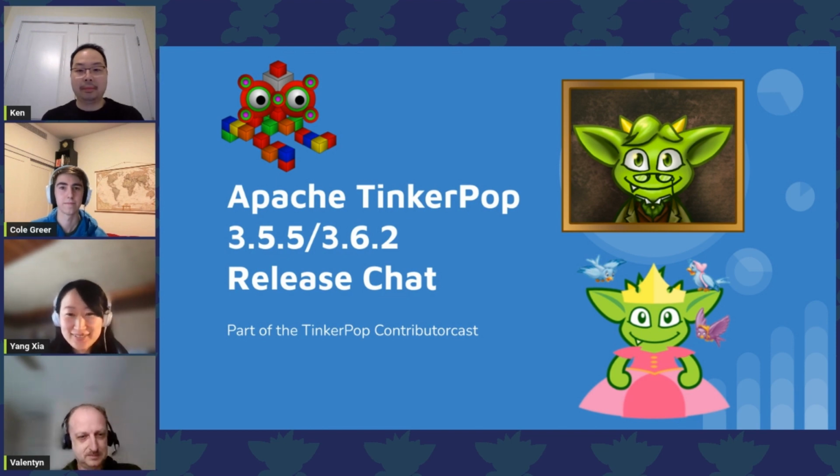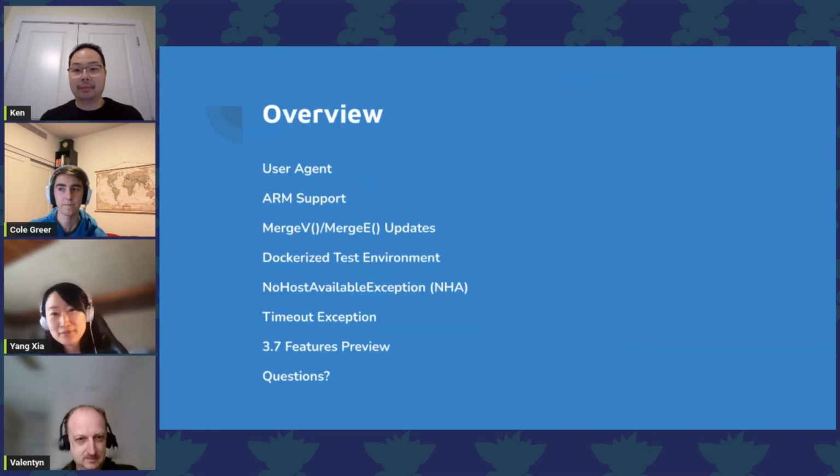Okay, thank you everyone. So let's just get right into it. Here's a quick overview of what we're going to do today. To start us off, Cole will be talking about the user agent support and the ARM support, which I'm sure some of you would have liked.